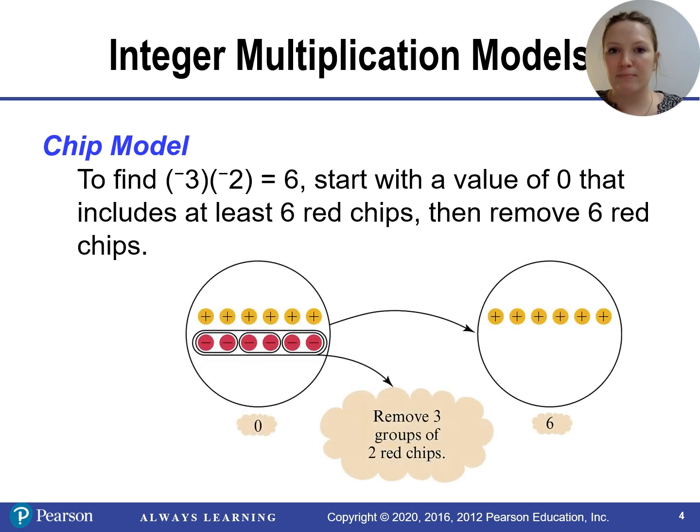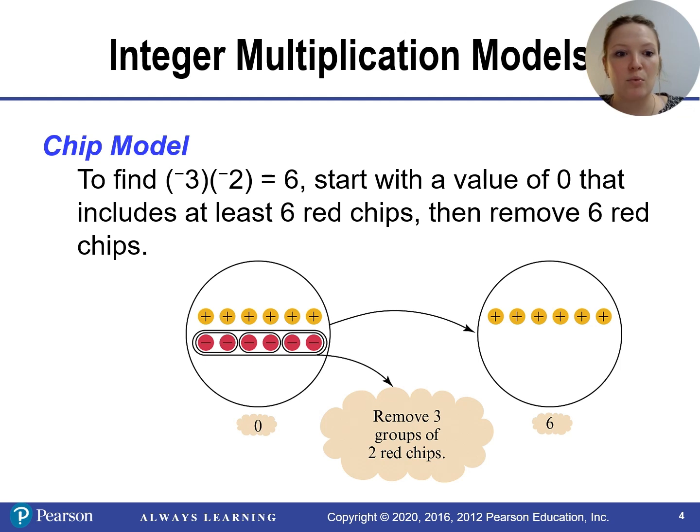So to illustrate this, we can take our model and we start with a value of 0, like I said. So there are 6 positives and 6 negatives, but this value is 0. And we want to remove 6 red chips from this.